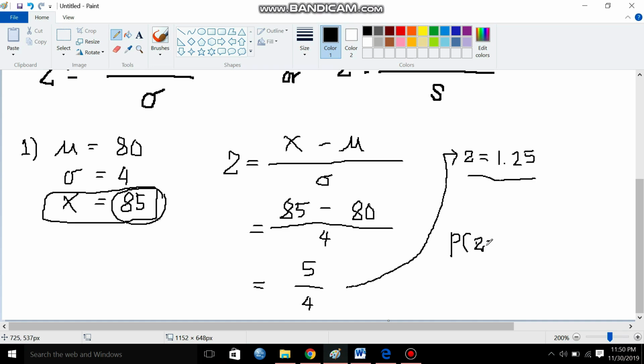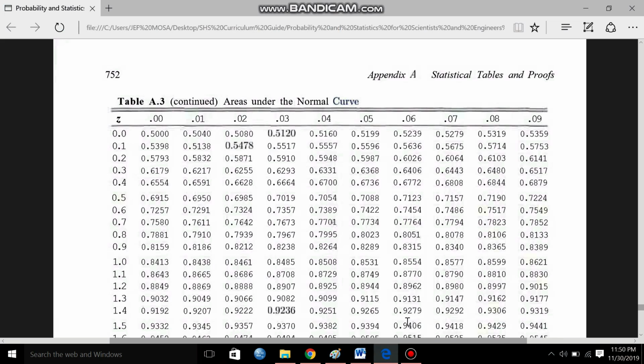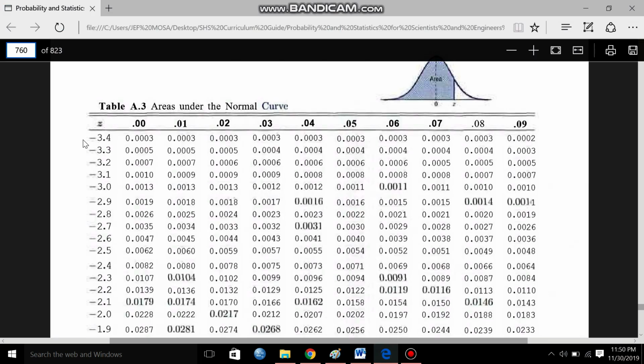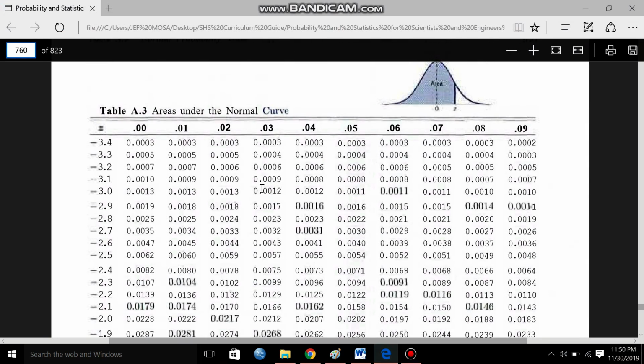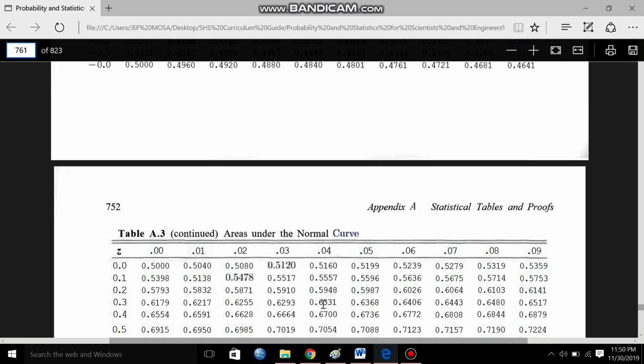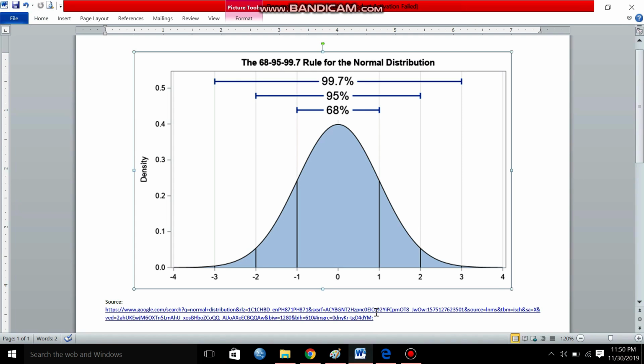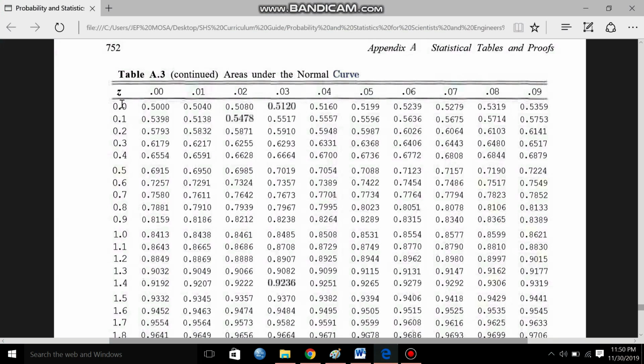z equals 1.25? Now to do this, we need to use the z table that we have right here, the z table for the normal curve. Since the z-score is 1.25, we will look for 1.25.